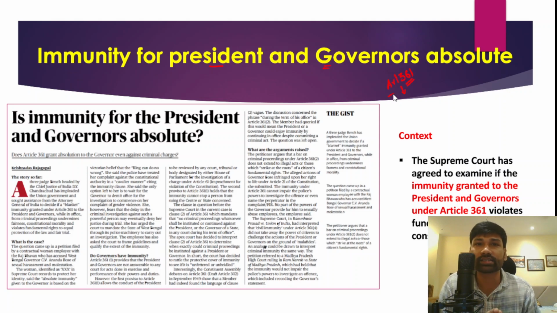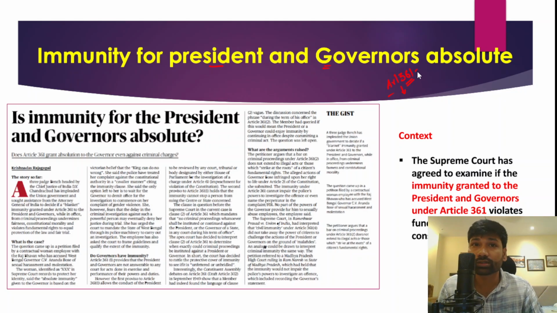However, the context is that recently in West Bengal, a temporary employee in Raj Bhavan, the governor's house of West Bengal, a woman accused the governor of sexually harassing a woman staffer in the Raj Bhavan, and she approached the Supreme Court against Article 361.